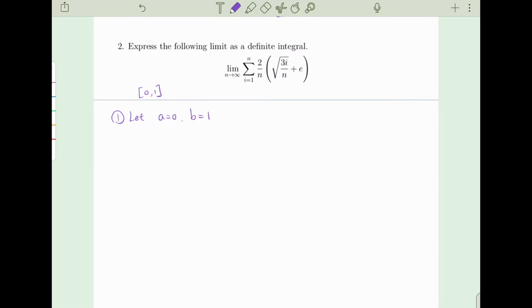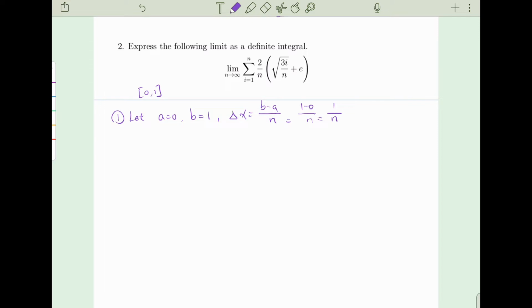All right? And we also need to divide this interval into n pieces to create those rectangles. So delta x is going to be b minus a divided by n. So that is 1 minus 0 divided by n, that is 1 over n.